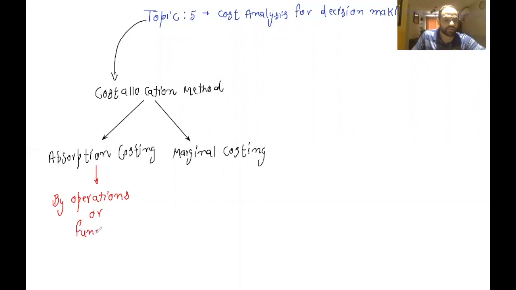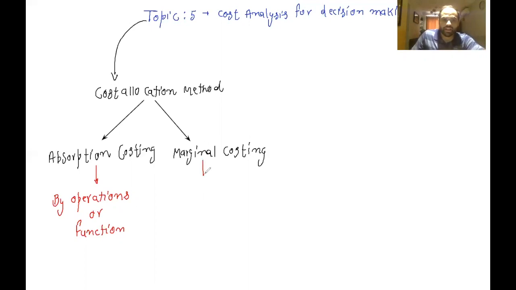A company has mainly two different functions, manufacturing and non-manufacturing. Operations means related to product and service. Product and service have two different types of cost, manufacturing or non-manufacturing. That's why it is allocation by operations or by functions.